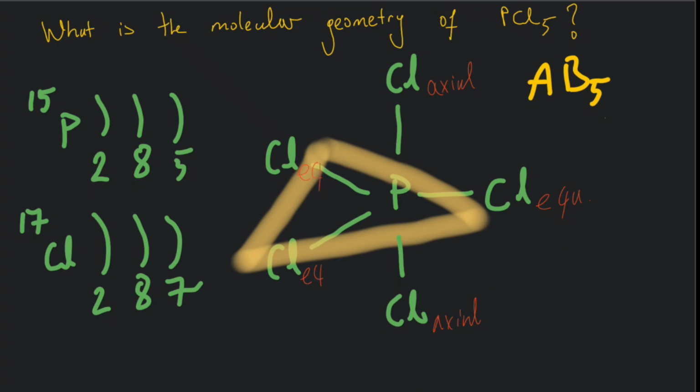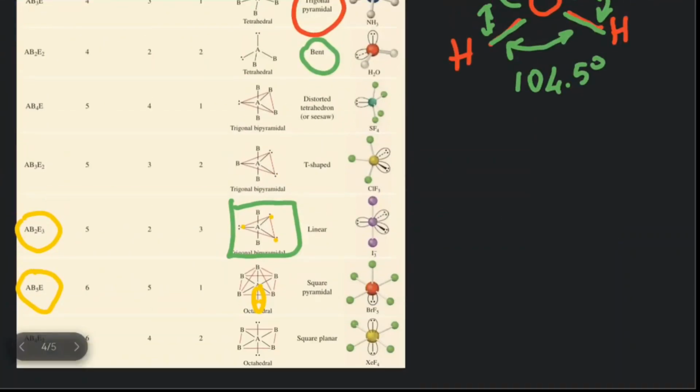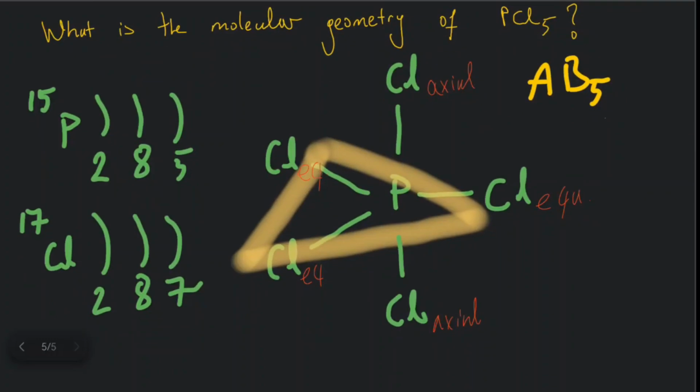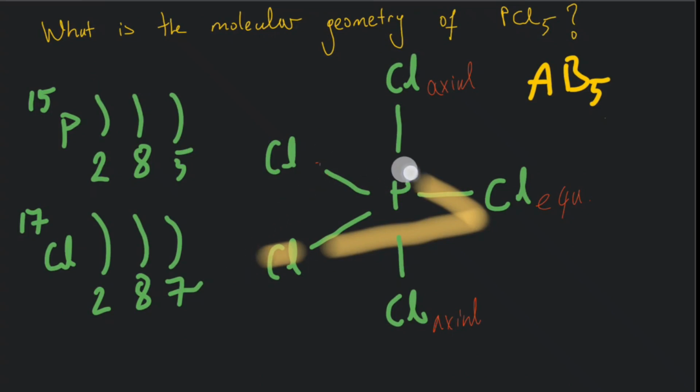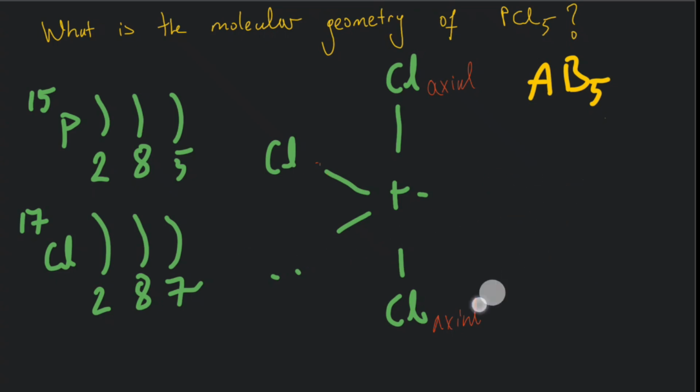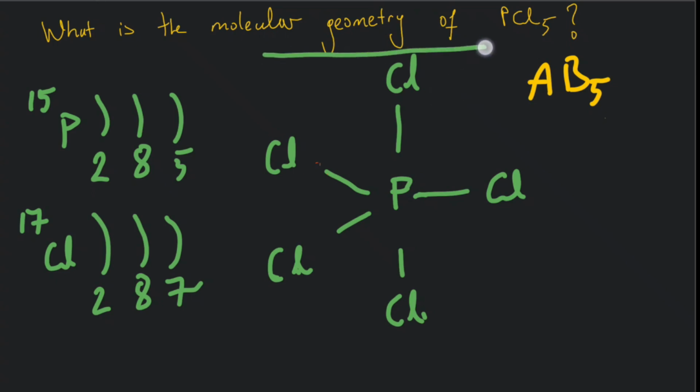And the expected shape is trigonal bipyramidal. So this is the shape of PCl5.